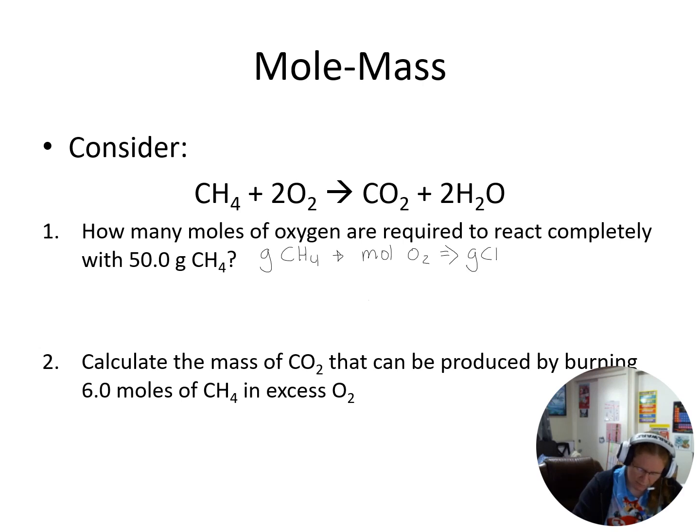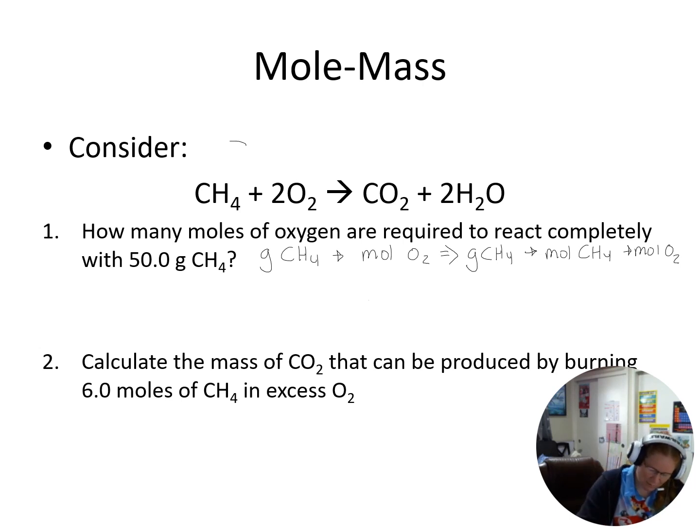So I have to redo this roadmap and expand it and include another step. I can do grams of methane to moles of methane. And moles of methane can then go to moles of O2. So I have to go through moles. Now, I need to convert from grams to moles for my methane. How do we convert grams to moles? We use a molar mass.